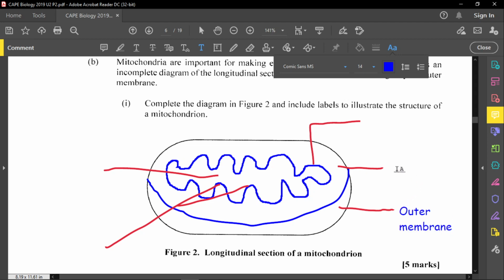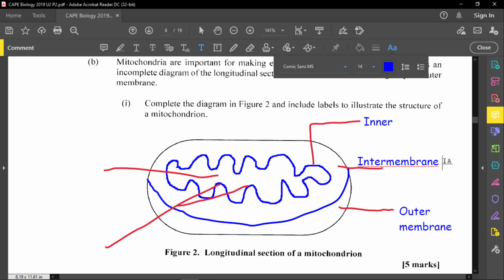And then this will be our intermembrane. Let's start labeling right here because it's going to be a longer word. That's an intermembrane, and then this will be our inner membrane. So make sure you know the difference as well. As a matter of fact, let me correct this: intermembrane space rather than intermembrane.